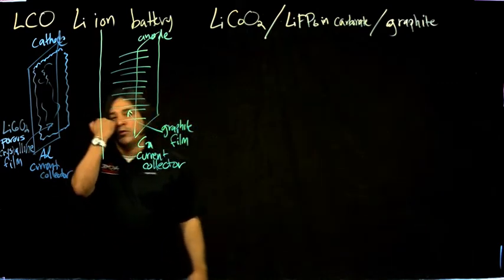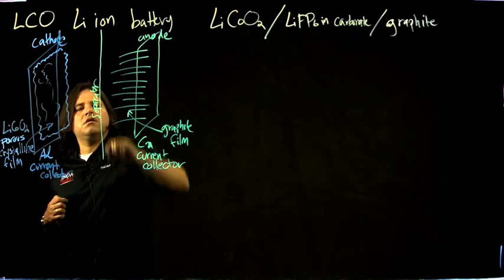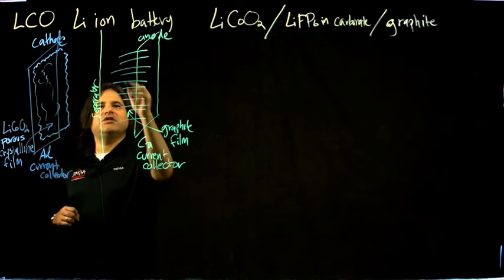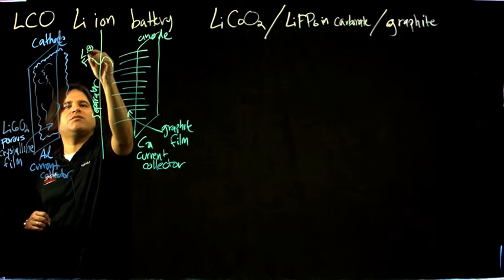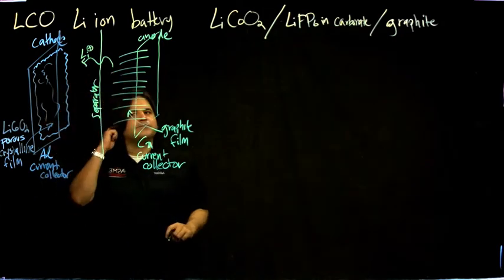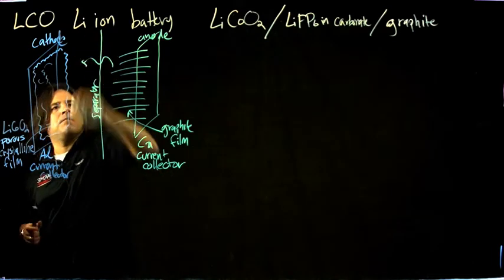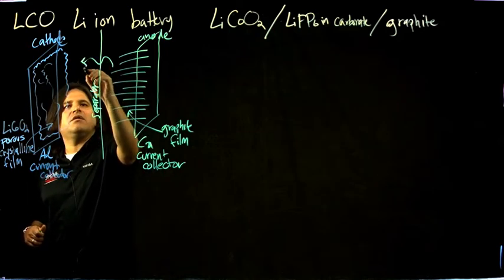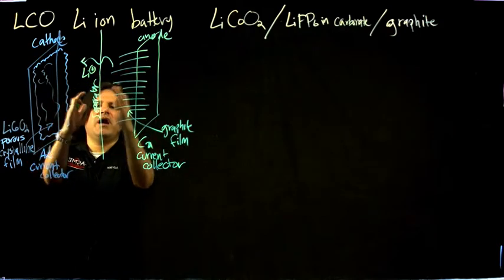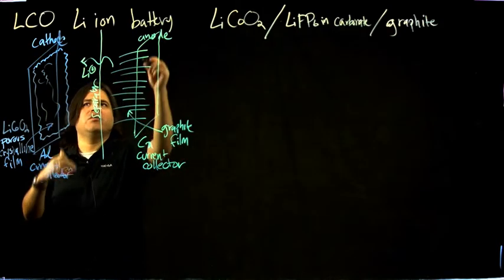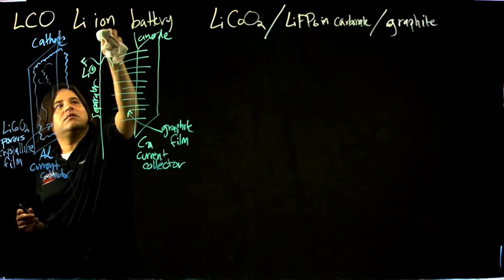Then, what this whole thing is for, if this is the separator: what the separator does is it makes sure that only the lithium ions are transported between the anode and the cathode. They can go either way, but this separator only allows the cation to go, and when you only allow this to move back and forth, the way that the cell equilibrates is you force the electron across the circuit.